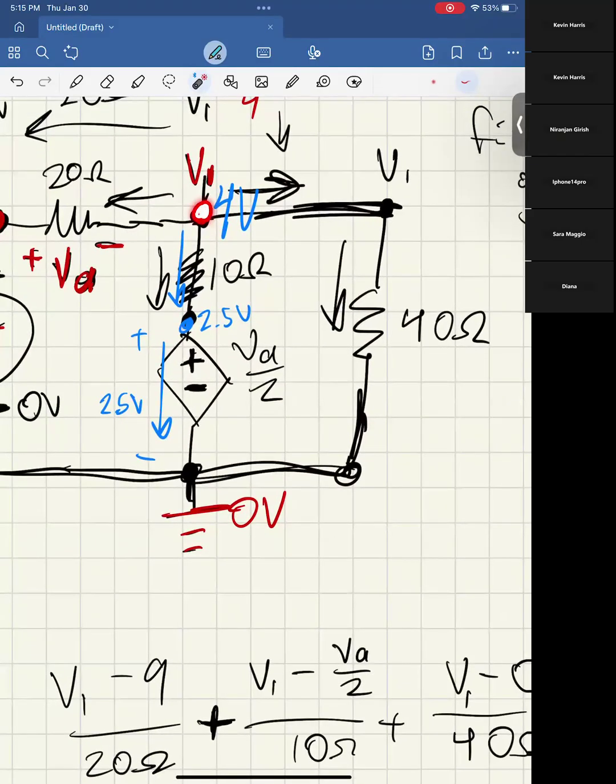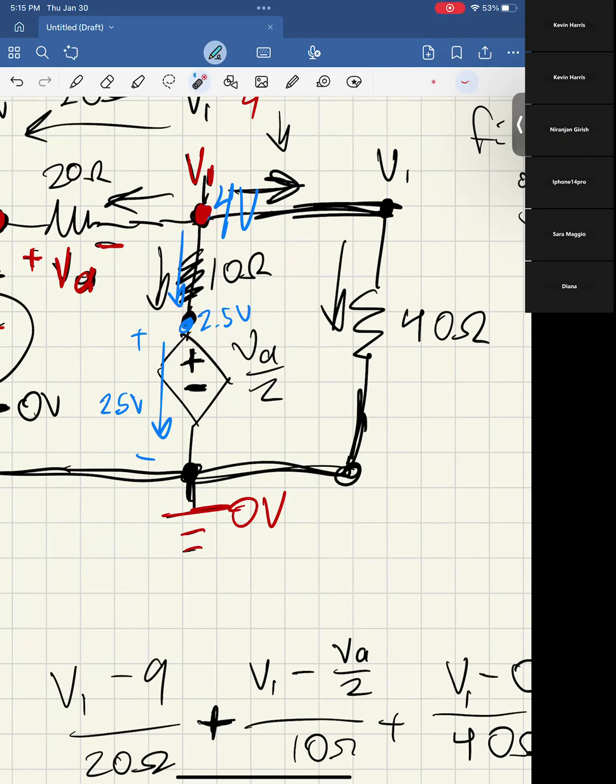We have V1 here, and we have a voltage source where at the bottom we have 0, and at the top we have 0 plus VA over 2, which is just VA over 2, which we have found to be 2.5. So we have V1 on top, VA over 2 on the bottom, and they are separated by a 10 ohm resistor.